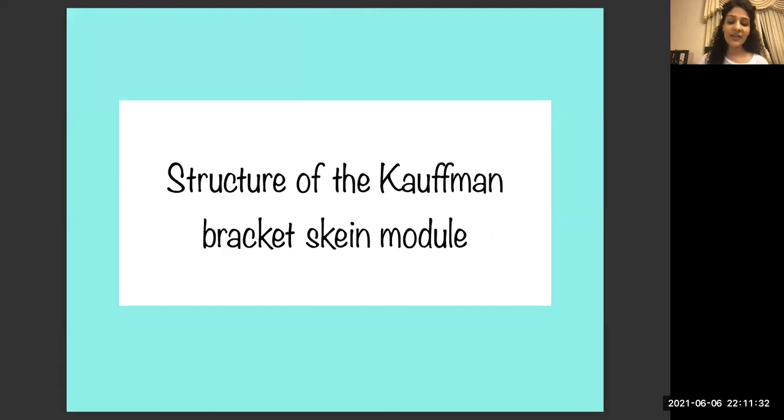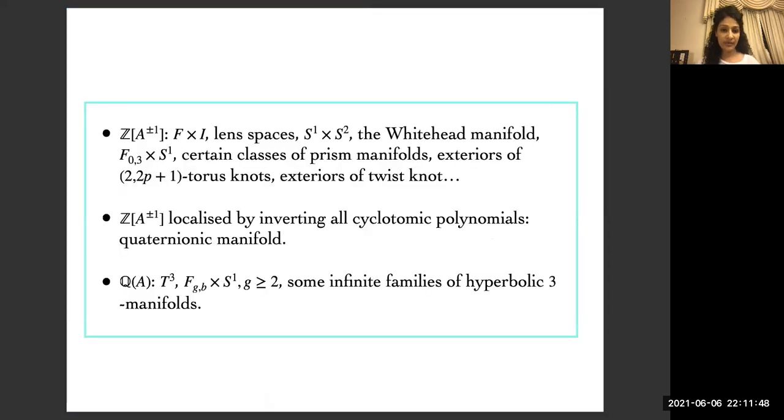So the structure of KBSMs has been historically elusive, and there are few computed examples. And moreover, all the computations that have been done have been carried out over various rings. Over the ring of Laurent polynomials, computations have been done for lens spaces, S1 times S2, the Whitehead manifold, pair of pants times S1, certain classes of prism manifolds, exteriors of twist knots, and so on.